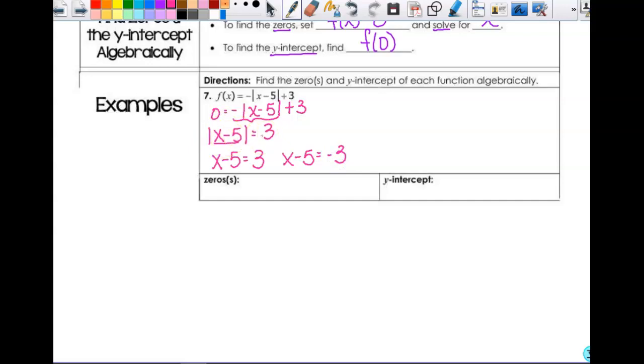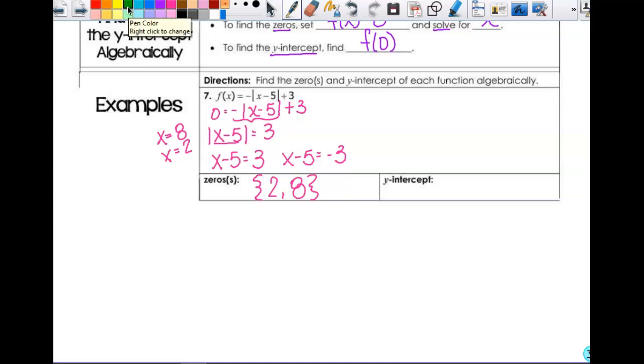Since I'm looking for just the x values, it's going to be put in a set. I add 5 to both sides, so I get x equals 8 and x equals 2. So my zeros are 2, 8. It's a set of numbers.